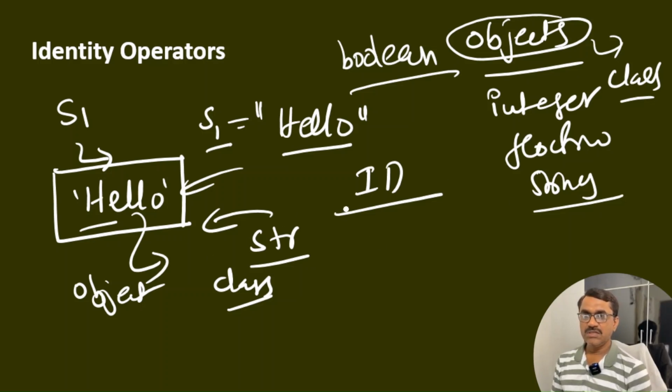Now, how to get the ID? IDs are given by the system by itself, but how to obtain the ID of a particular object? To get the ID of an object, we use the function called id. By using this id function, we can obtain the unique value given to the memory location.